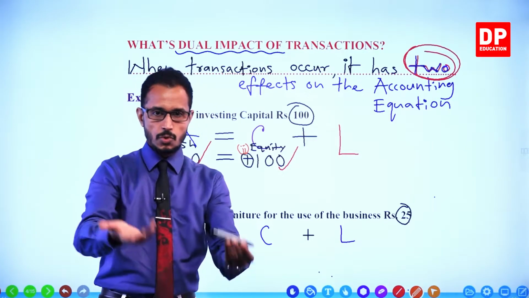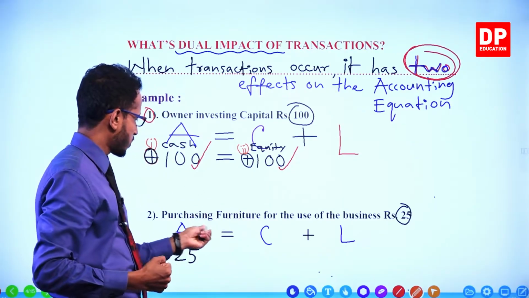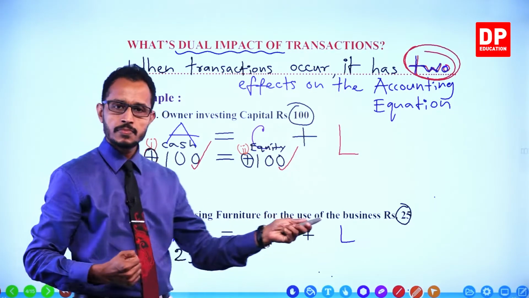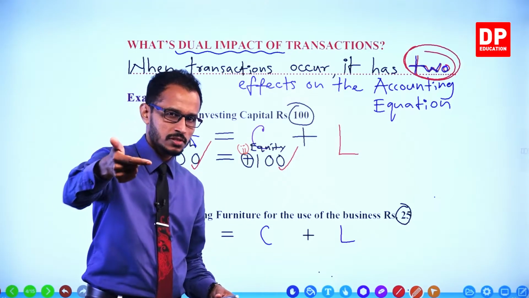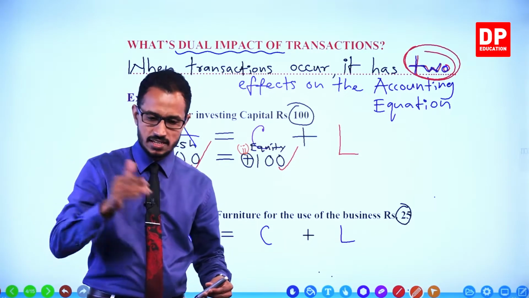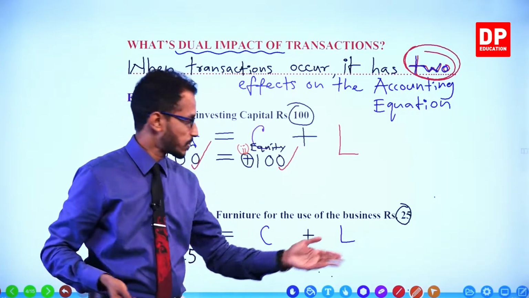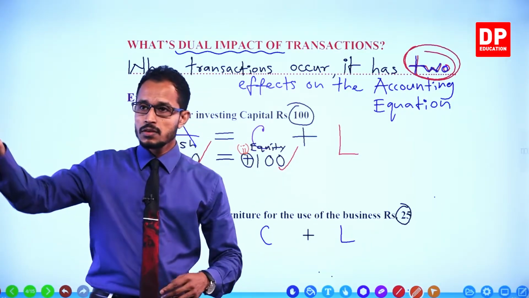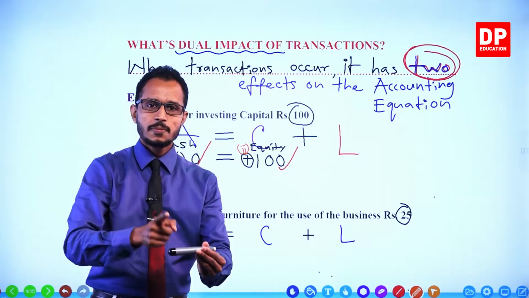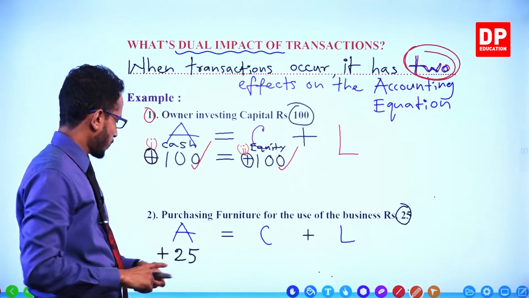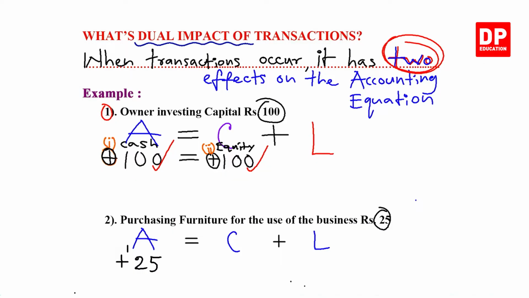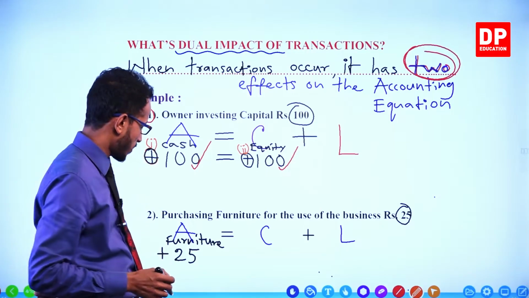All right, we bought. Purchasing means buying. The business paid money, cash, and brought in new furniture for the use of the business. Furniture came in, this asset, the furniture asset, increased by 25. I'll write furniture here. Furniture increased.